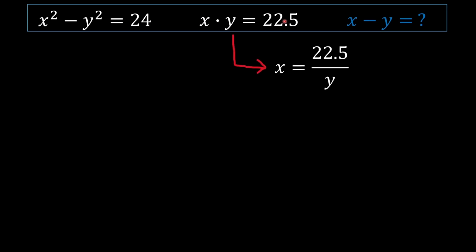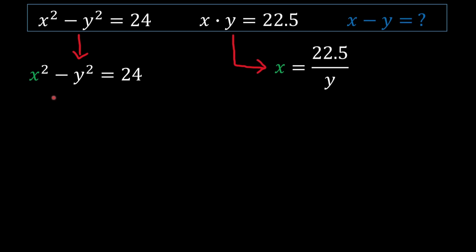Right, so this equation right here could be written as x is equal to 22.5 divided by y. What I'm going to do afterwards is move this x term into the first equation, which is located on your screen over here.